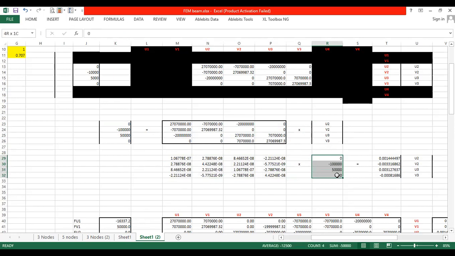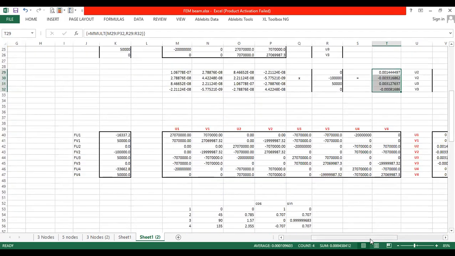So this is the force matrix, and then you multiply it, so displacement will be also 4 by 1 matrix. So MMULT, matrix multiplication, this matrix into the force matrix, right? This will give the displacement in meters, right?